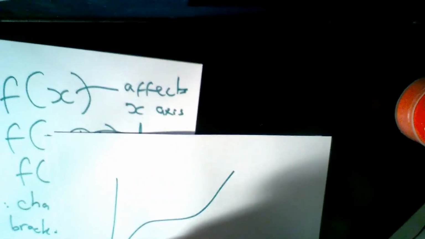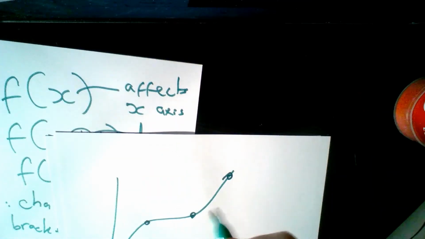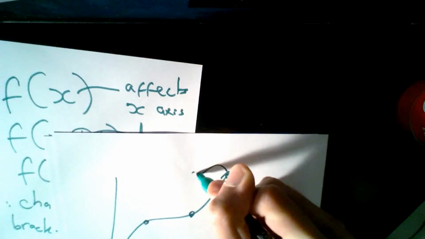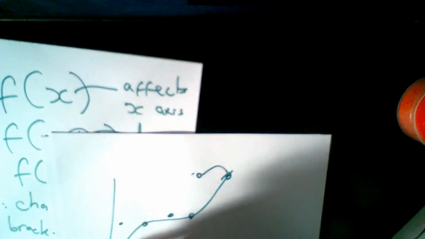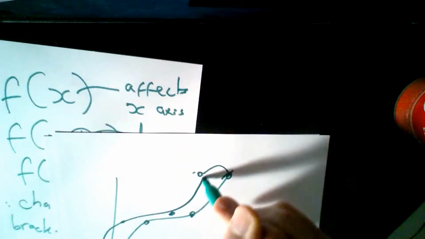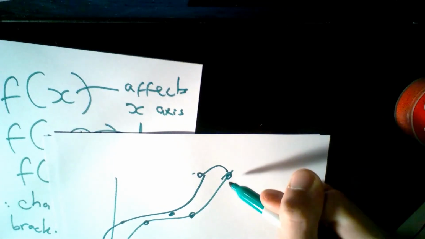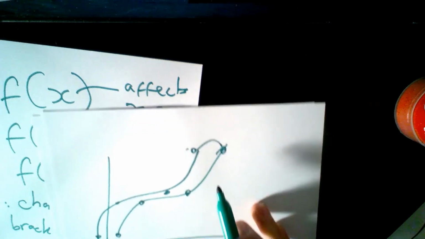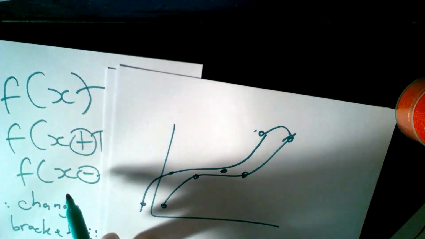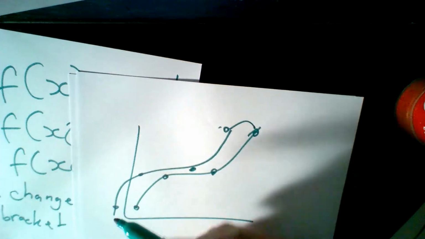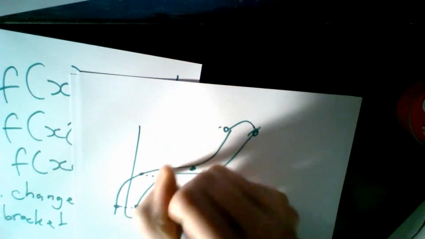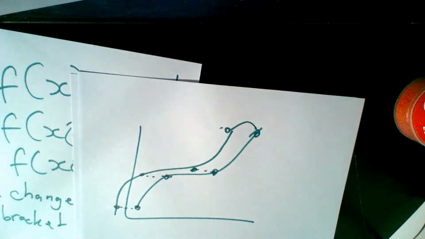So all the x values here, we decrease 1, this becomes here, this point becomes here, this point becomes here, and then we draw the new graph. As you can see, the height of the points hasn't changed because the change only affects the x-axis. It's inside the brackets. It doesn't affect the y-axis. Okay, so the points remain on the same height but with a different position on the x-axis.